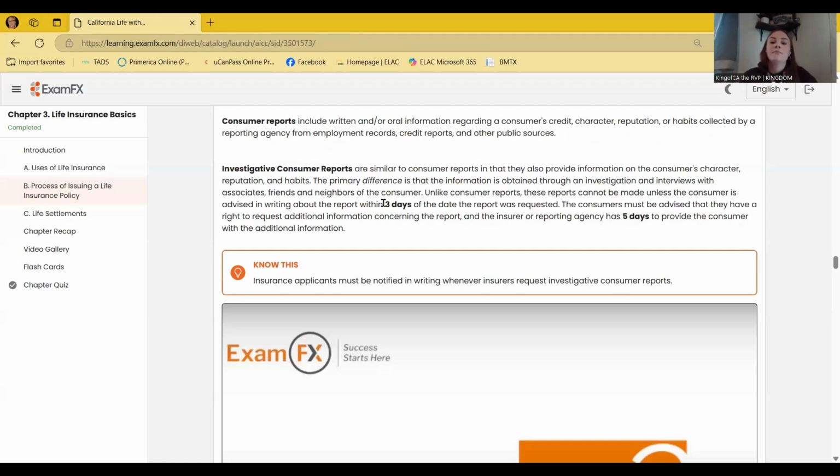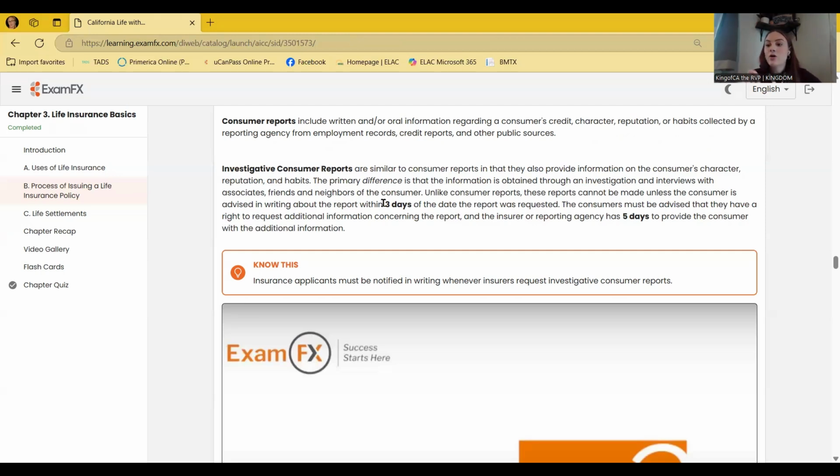The consumers must be advised that they have the right to request additional information concerning this report, and the insurer or reporting agency has 5 days to provide this additional information. So those 2 dates here in California, we kind of need to know because they like to throw those questions in there randomly.